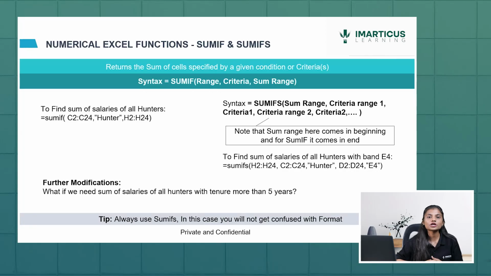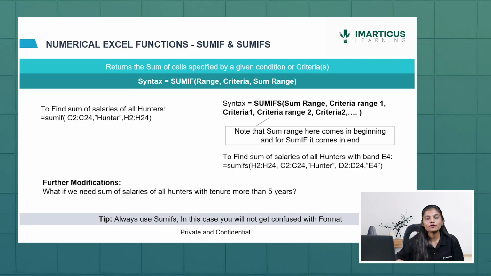And then there is something called sum range. Sum range is what I want to sum up for project 1. Means for that particular criteria, what is the value which I want to sum up? I want to sum up the total number of hours worked by the employee. So I will use SUMIF, where the sum range is the total hours, range is the project column, and the criteria is the name of the project.